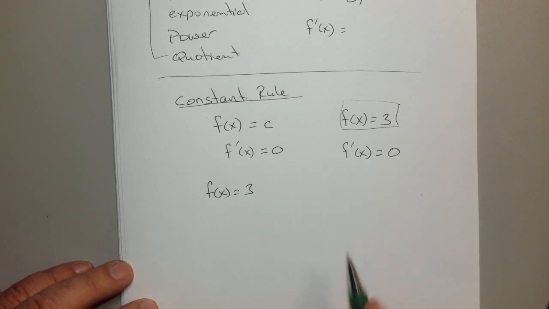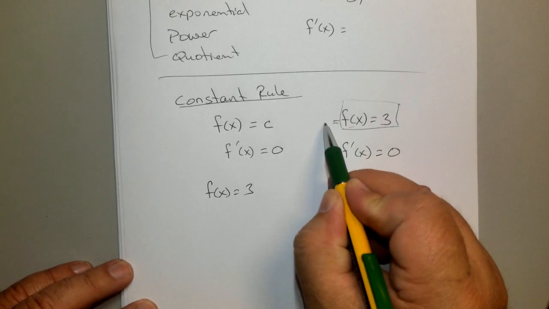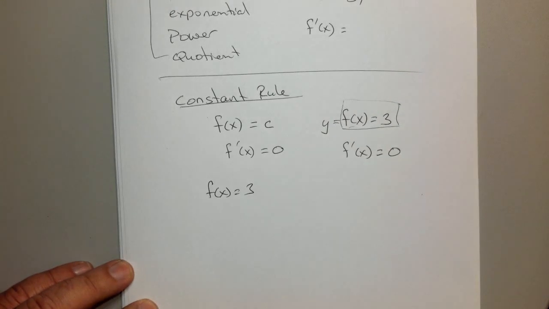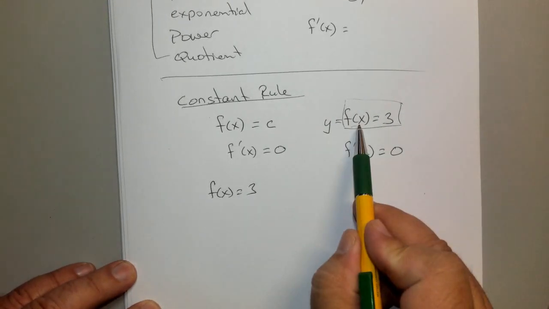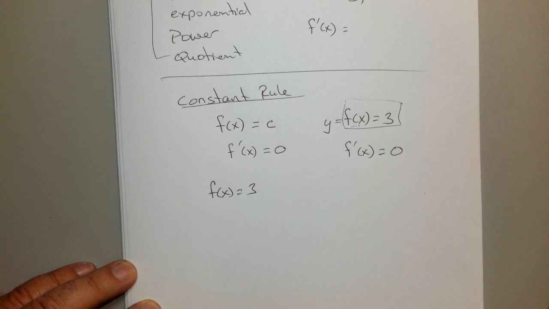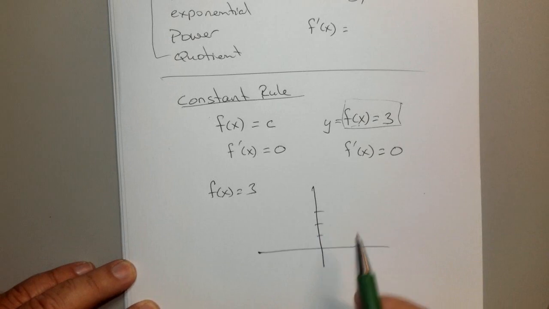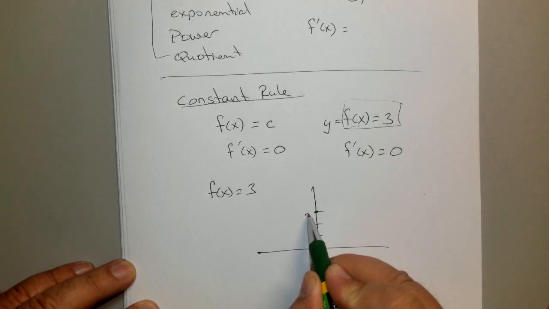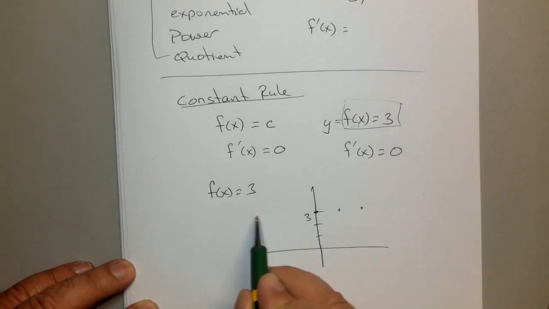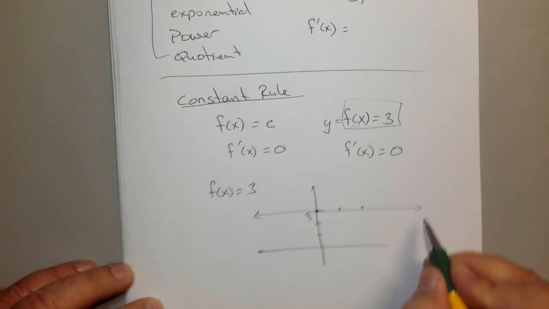So, horizontal line. Because remember, f of x is the same thing as y. So no matter what x you give me, y is equal to 3. Therefore, it's a horizontal line. So that's f of x.